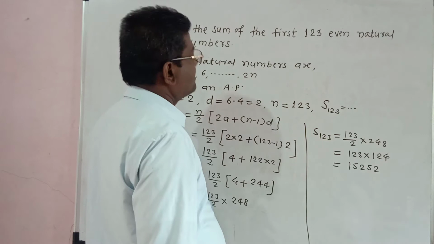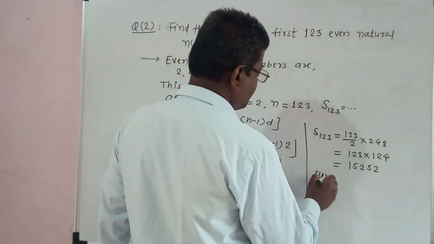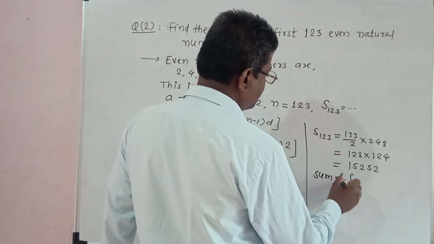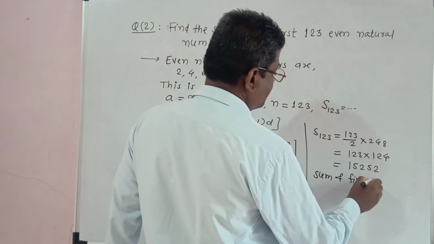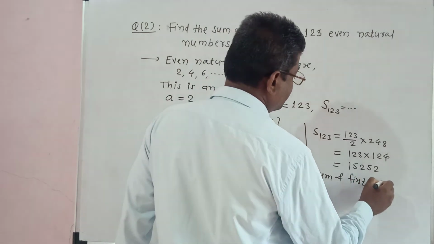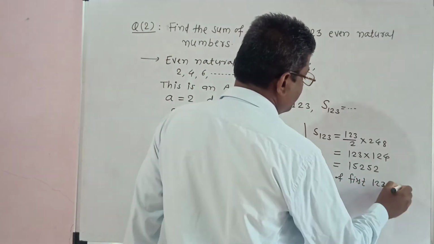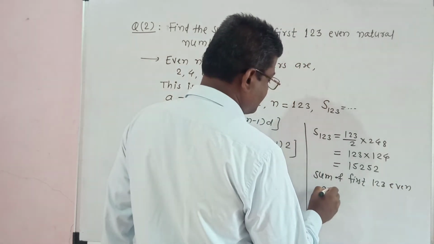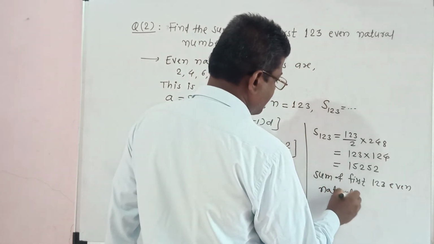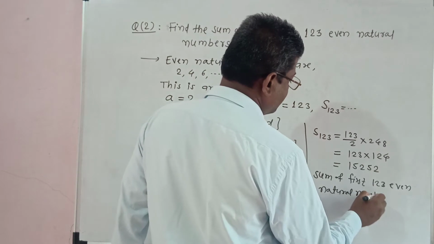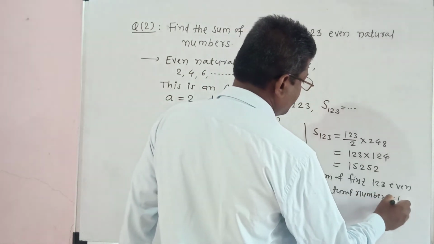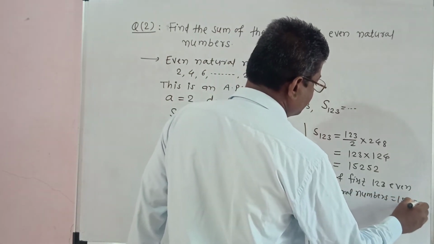Therefore we write here the sum of the first 123 even natural numbers is equal to 15252.